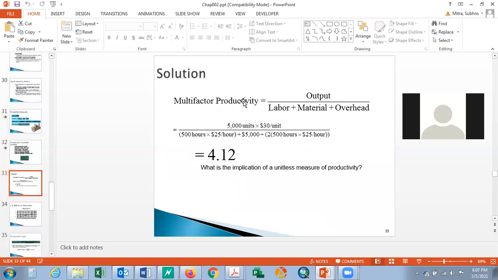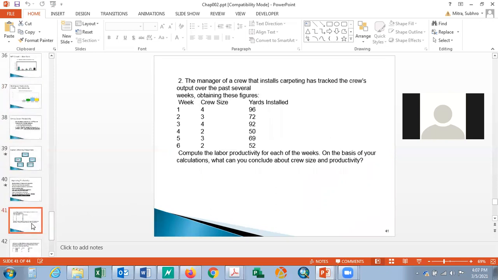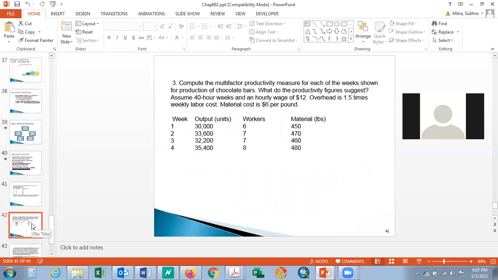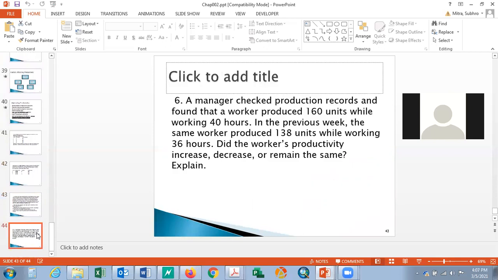Make yourself familiar with this example. Okay, if you can solve this problem, you'll be solving a big part of the problem which can come from this chapter maybe. There are a few other problems which are taken from the text. Try to look into some of those. Again, the problem which I'll give may not be the exact number, but you should develop that concept.